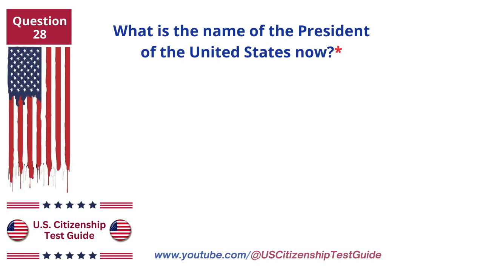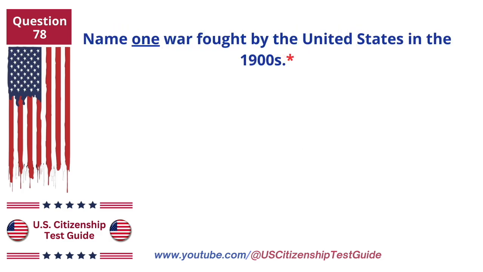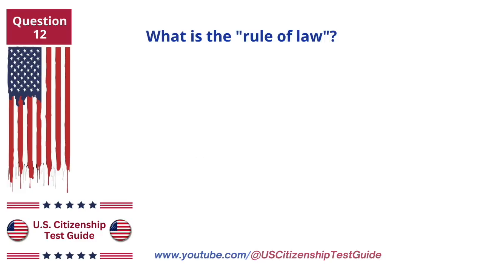What is the name of the President of the United States now? Donald Trump. Name one war fought by the United States in the 1900s. World War I. What is the rule of law?